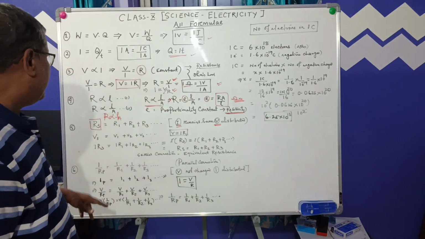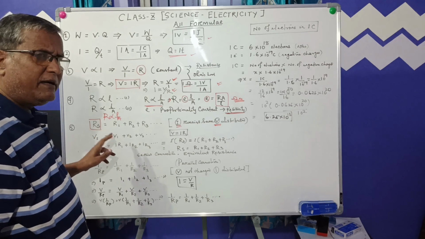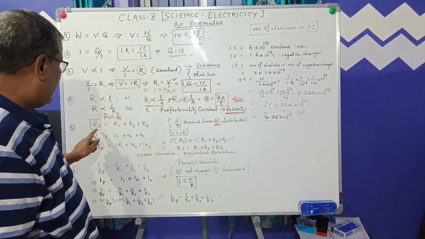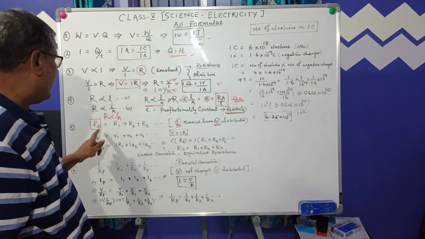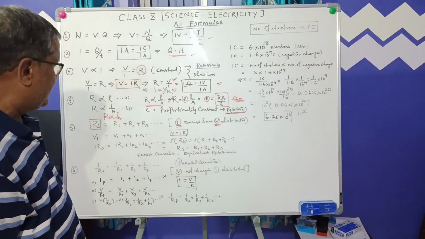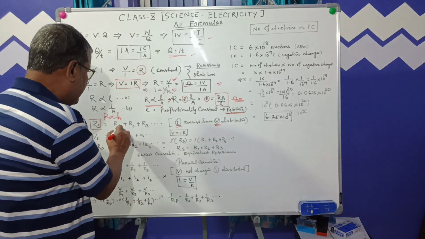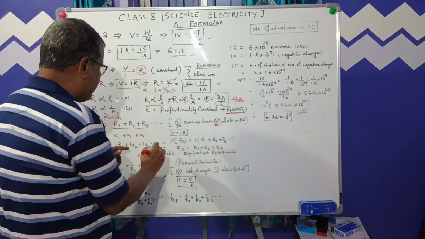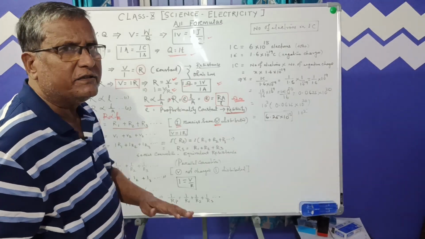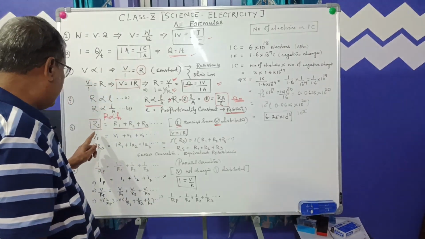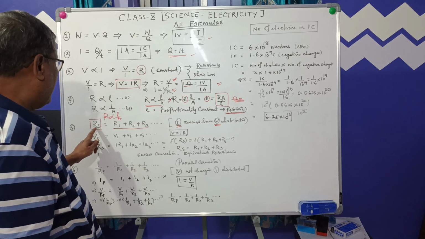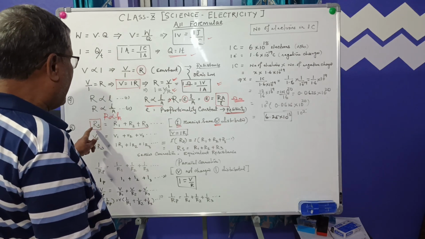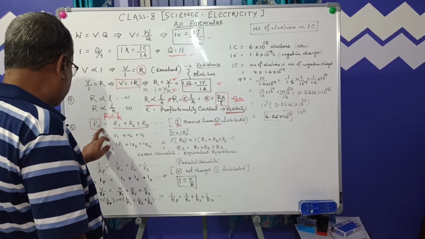So Rs means the equivalent resistance of 3 resistors. Here we have taken 3 resistors as per the textbook connected in series, and the result is R1 plus R2 plus R3. Okay, let us derive it. Now look at Rs.